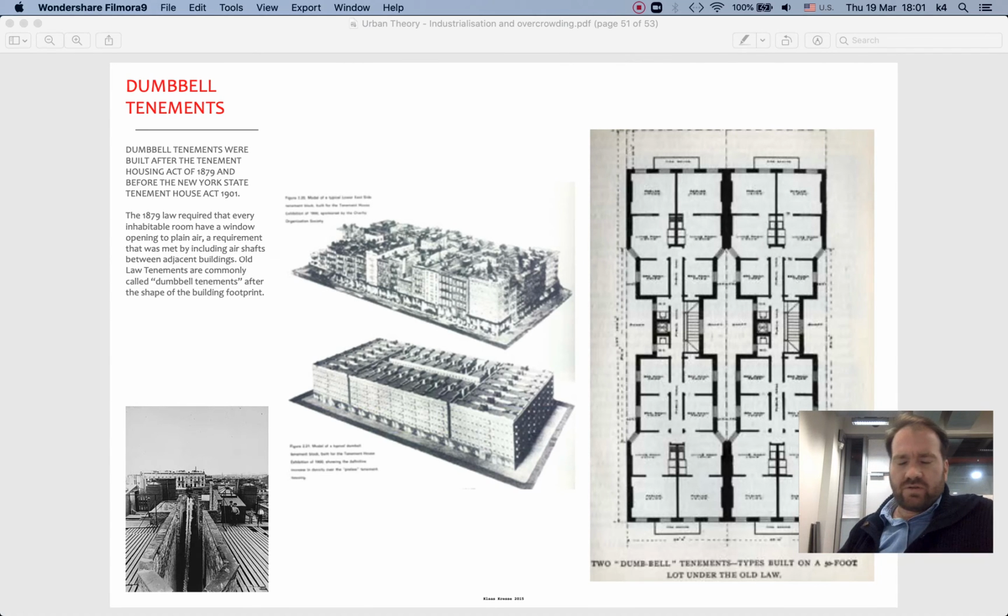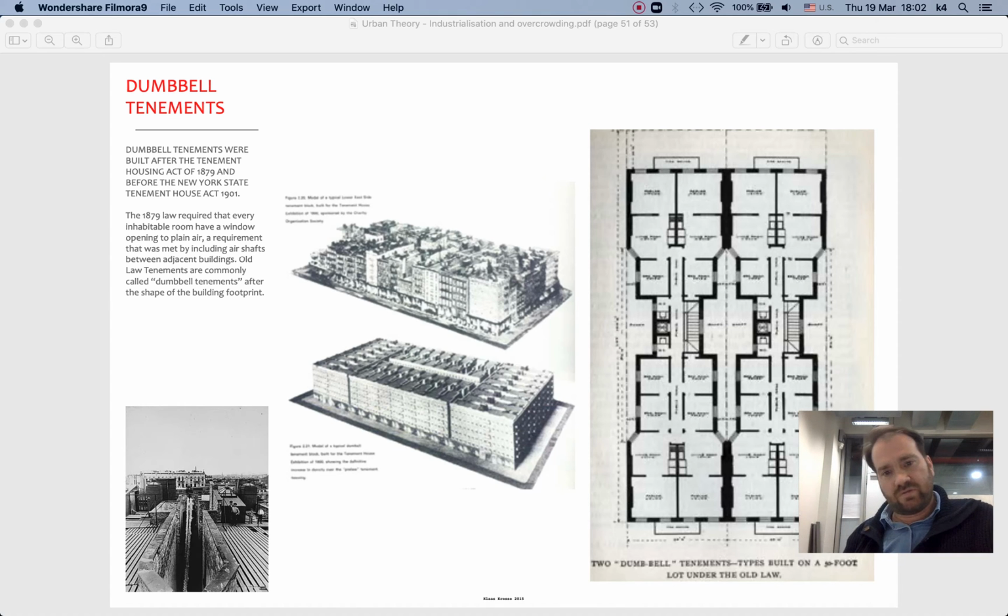There were different ideas on how to tackle overcrowding in New York. One of them was an architecture competition for tenement housing, and the winner of this competition came out as this dumbbell tenement. So here you see kind of before and after image of an urban block.